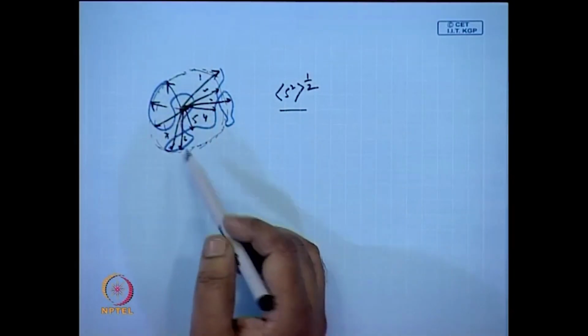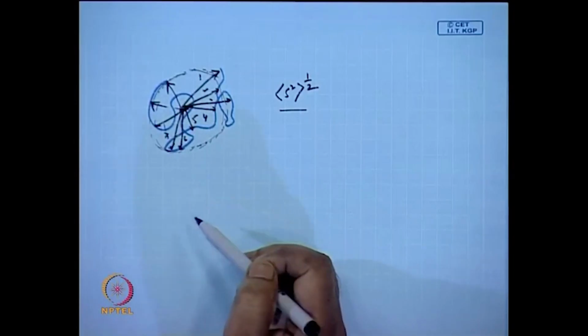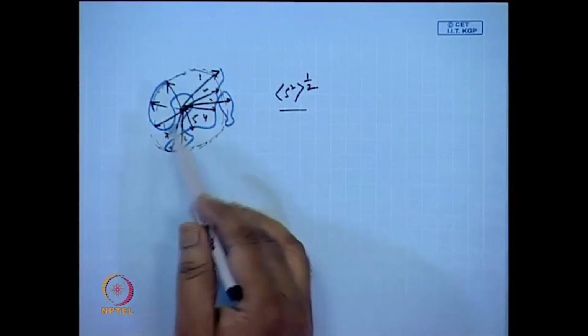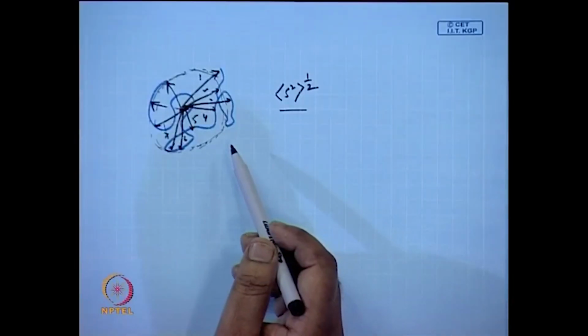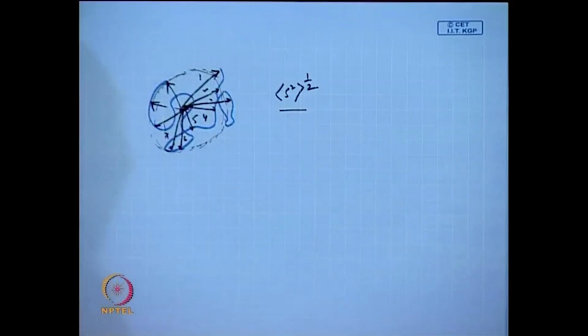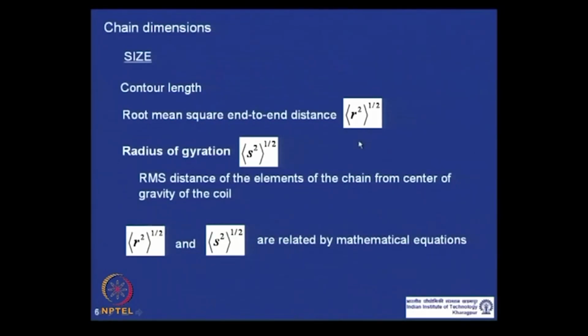So, in that case, or if you have a cyclic polymer where there are no ends, then end to end distance is also not possible. So, in those cases the radius of gyration is more useful, whereas the root mean square end to end distance is more useful for describing the rubber elasticity behavior of a polymer coil.